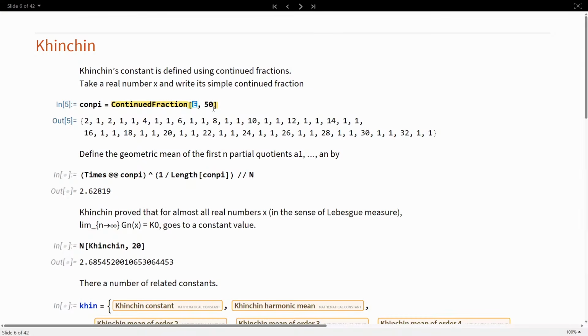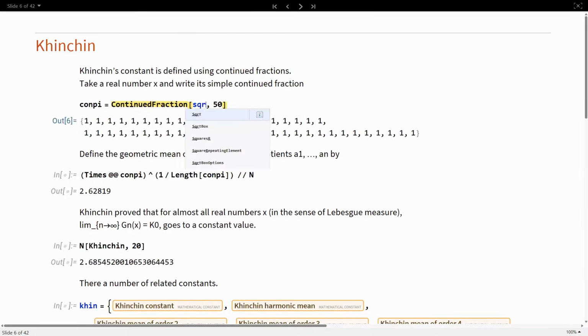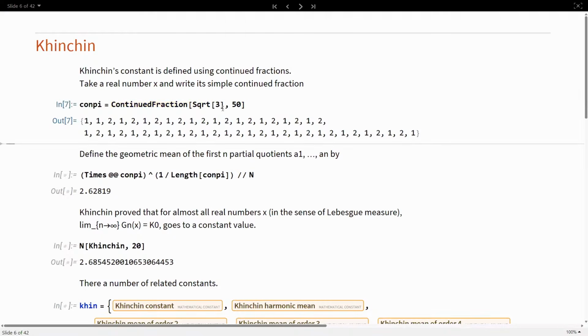If it's not a quadratic, such as the golden ratio, then you'll get a whole bunch of different numbers with seemingly no pattern. But if it's a quadratic, then there's a regular pattern to it. Such as these.